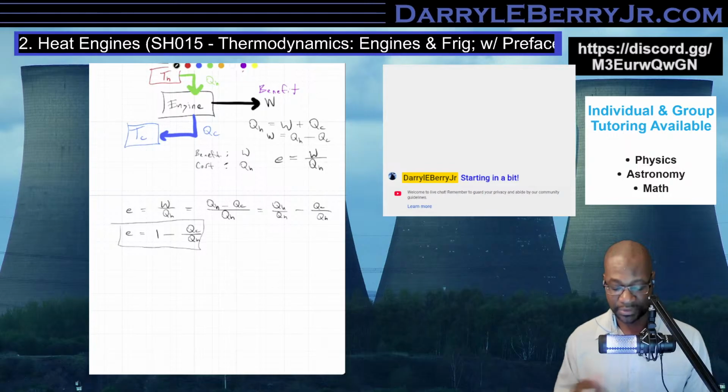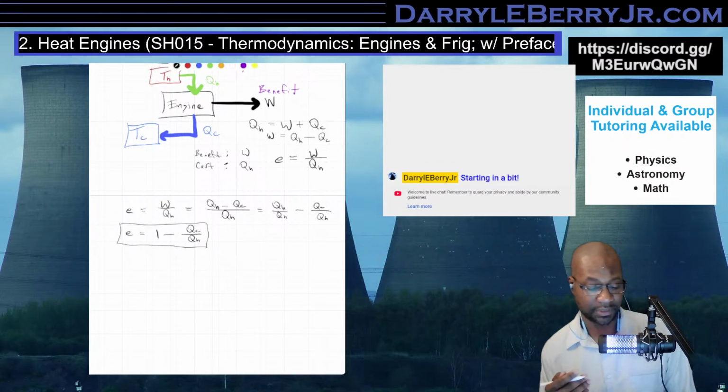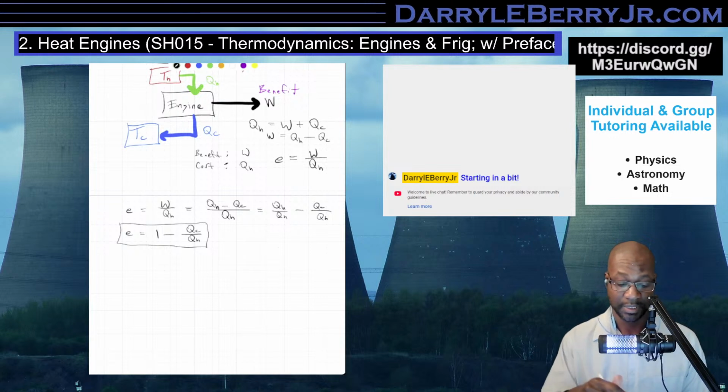So this is going to be the efficiency of a heat engine, which is determined in terms of energy by the energy that's coming in from the heat reservoir and the energy that's going outward into the cold reservoir.